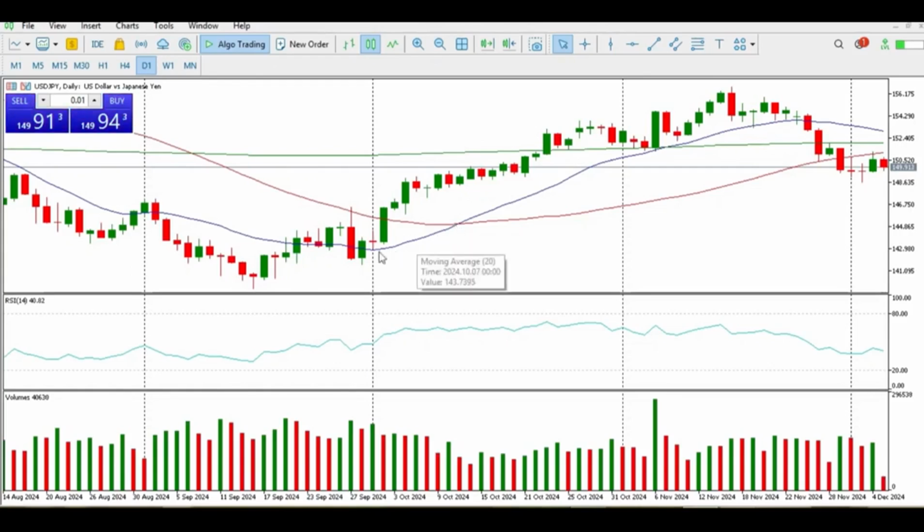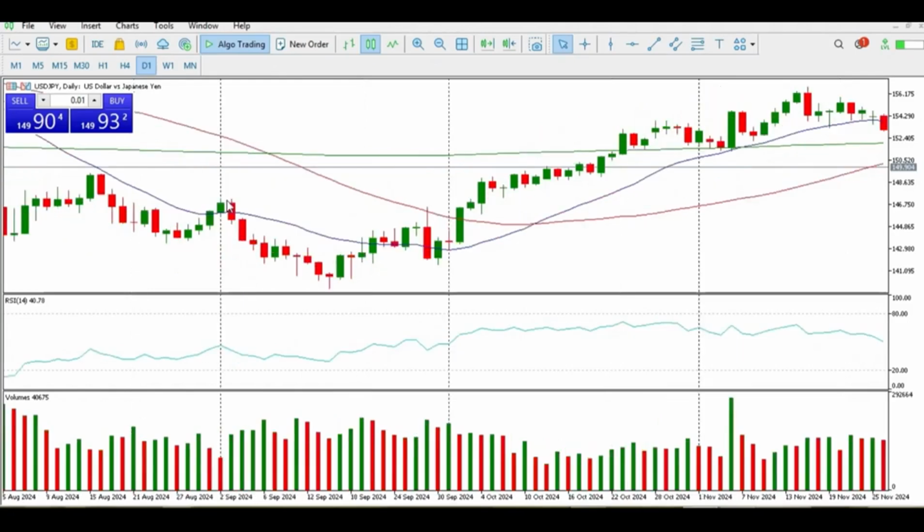So here, if it's an uptrend, a bullish confirmation, the lower moving average, in this case 20, will cross the 50 moving average upward, and the price values will be above. That's what we're seeing, the price values above. This is an indication of an uptrend.